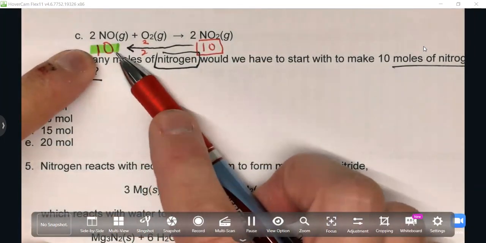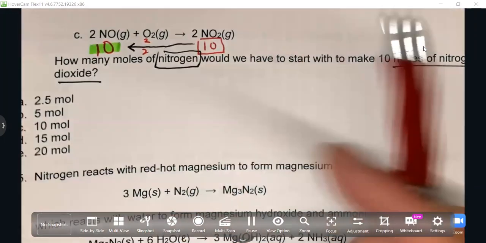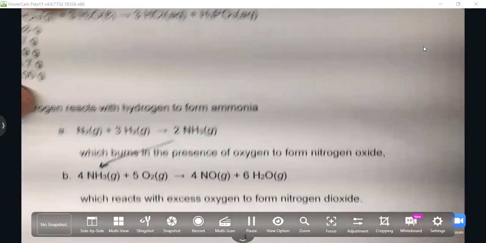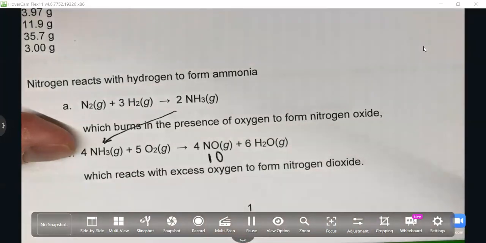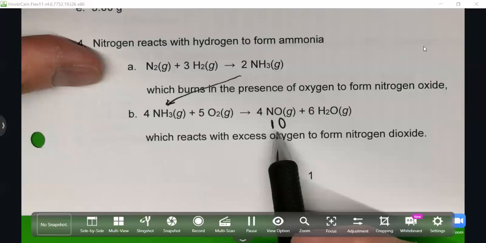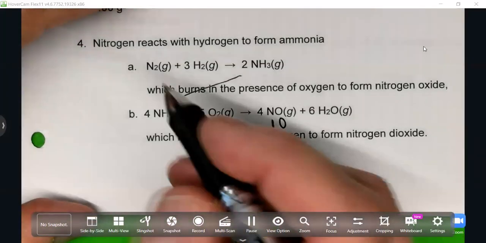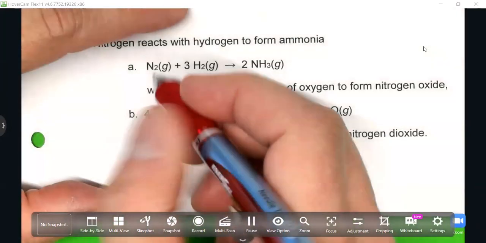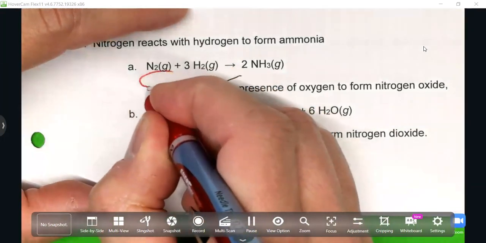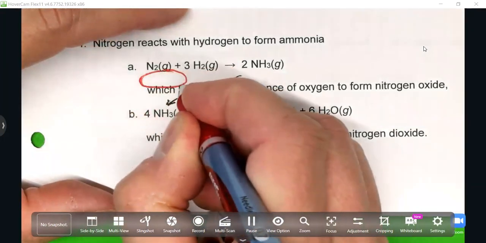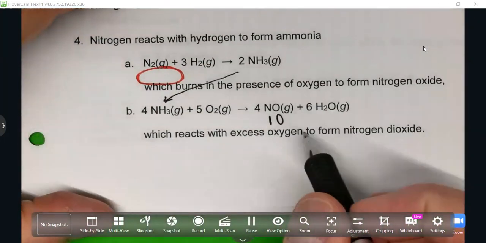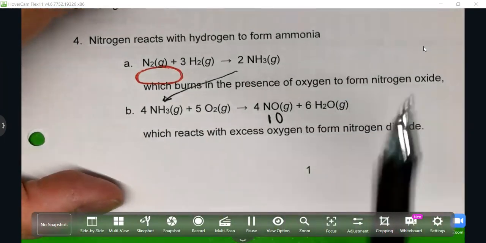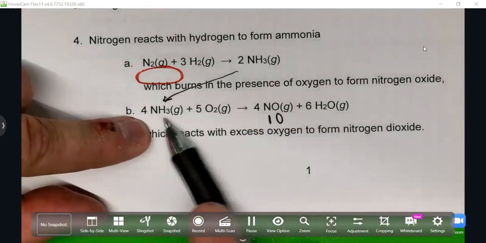And where does this 10 moles of nitrogen monoxide have to come from? The previous reaction. This right here is the 10 moles. I'm sorry, I should have pointed out, this is our final answer we're looking for right here. We're looking for the moles of nitrogen right there. So we need to start with ammonia here that's produced here.